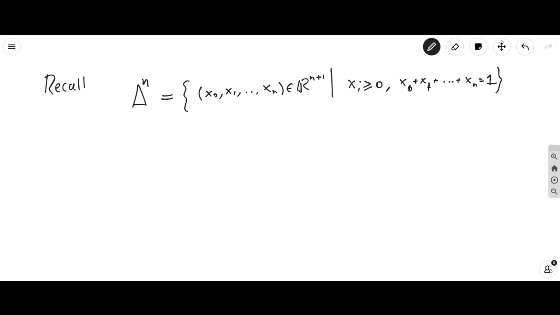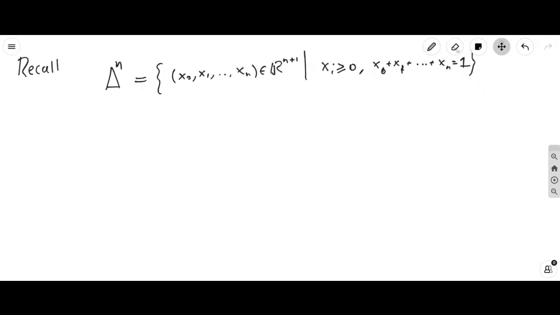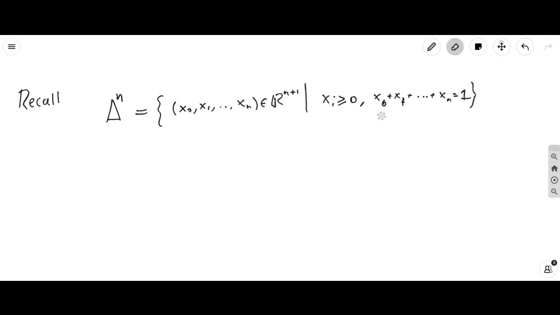So that's what we call the n-dimensional simplex. It's convenient notation to make it live in n+1, but it actually is an n-dimensional simplex because, as you can see, we say there are n degrees of freedom. x0 is determined from x1 to xn, so there are n degrees of freedom, so it's an n-dimensional object.